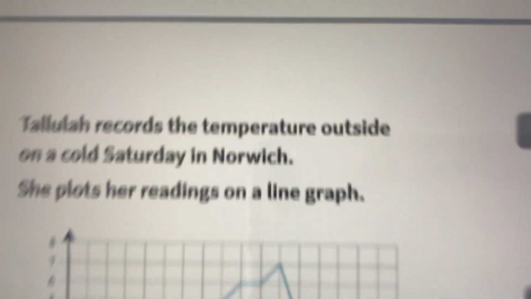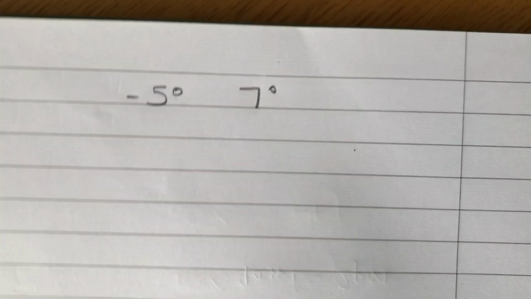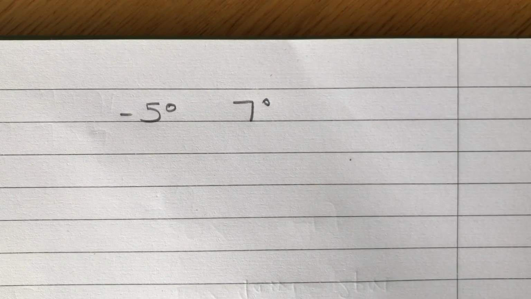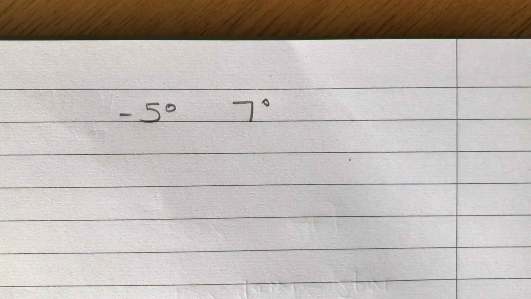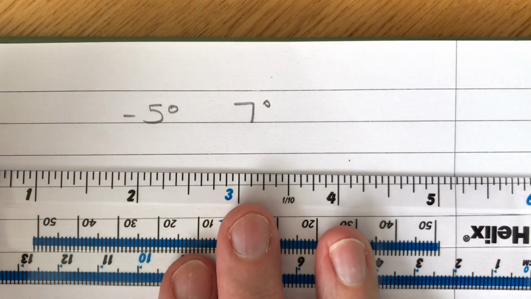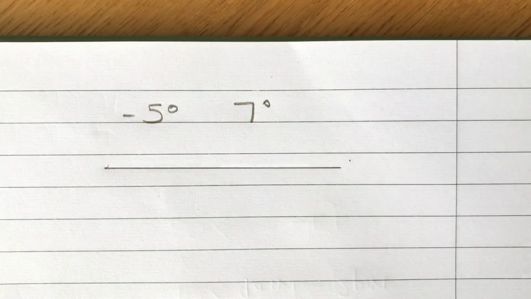Okay, so looking at my graph, I can see the lowest temperature there is -5 degrees. So I'm going to write that in my notebook. And the highest temperature is 7 degrees. Now, some of you will be able to work that answer out straight away, but I'm going to demonstrate what the answer is using my empty number line again.